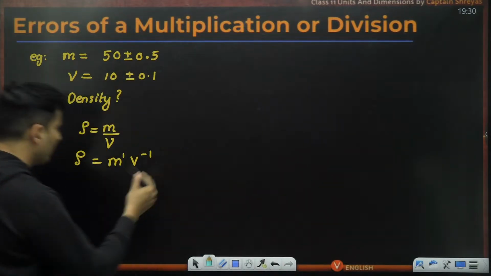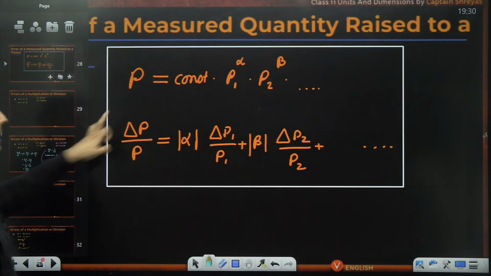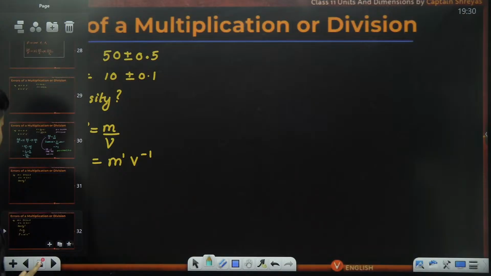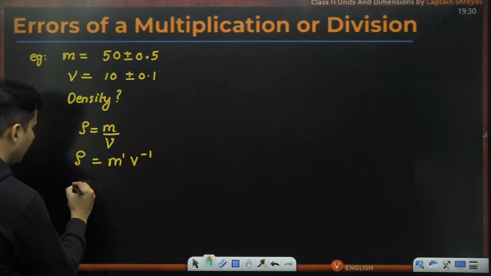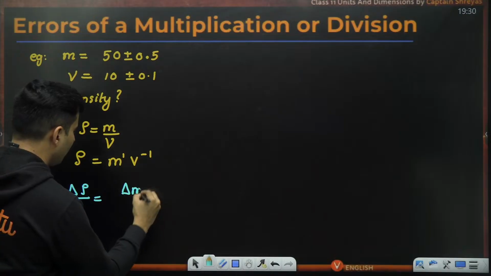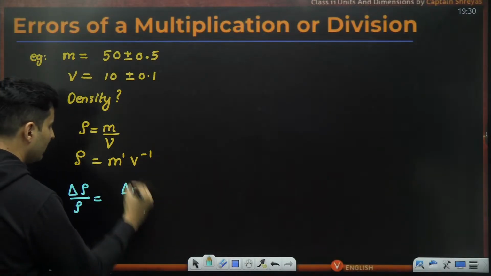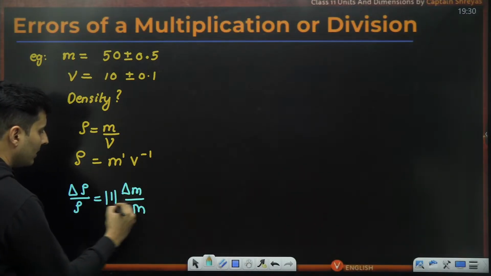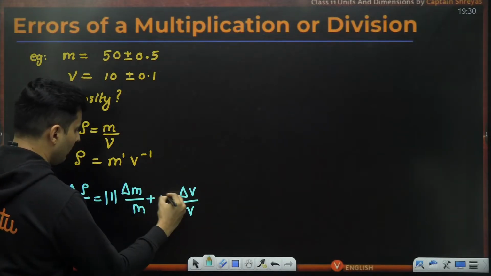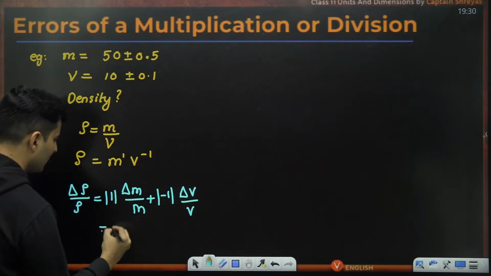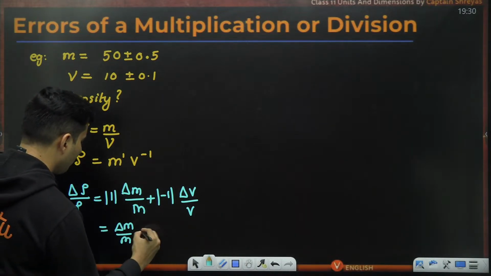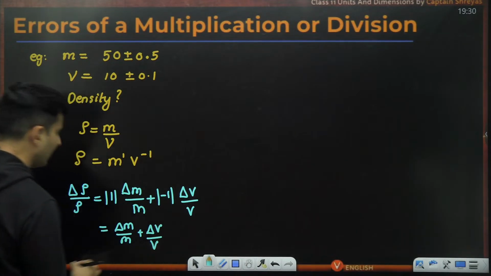So using the formula of errors, whenever you can write it as some constant into power this, power that, immediately you can write that the relative error in density, the final quantity, will be the relative error in mass, take the power, take the mod value, plus the relative error in volume, take the power but the modulus of it. So this will become nothing but delta m by m plus delta v by v.